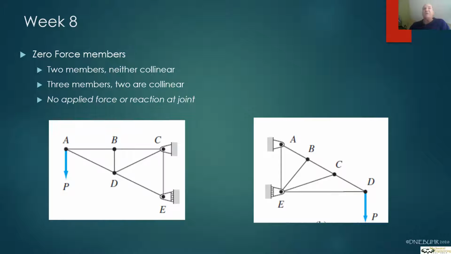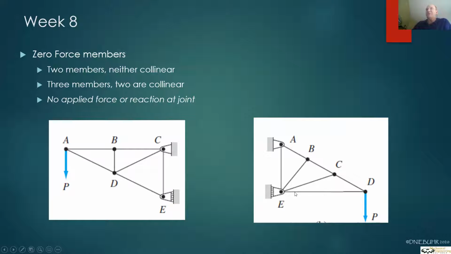Okay. So then the right one, I think you answered that one too. You have BE and CE. So that's good. These are somewhat simple, but once you see a few of them, you'll see that there's a consistent way to spot them. As long as there are three joints and no applied forces, that's a big indicator.